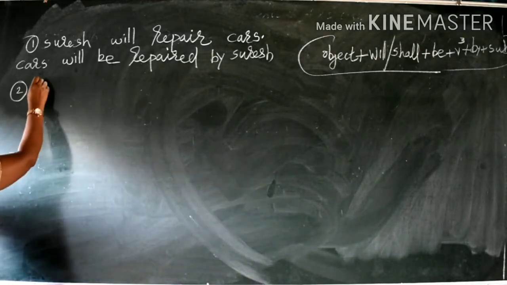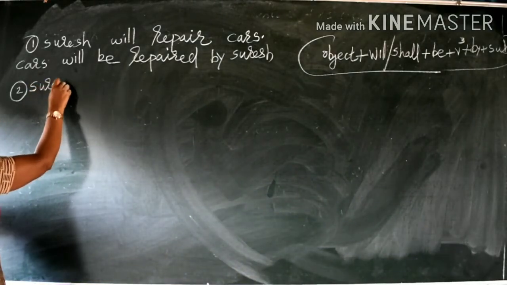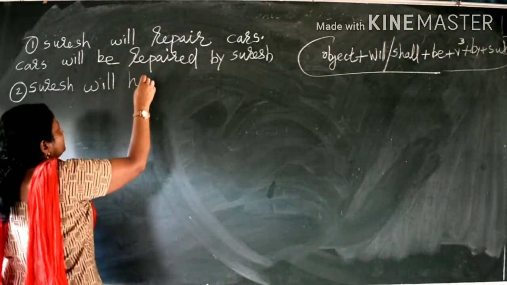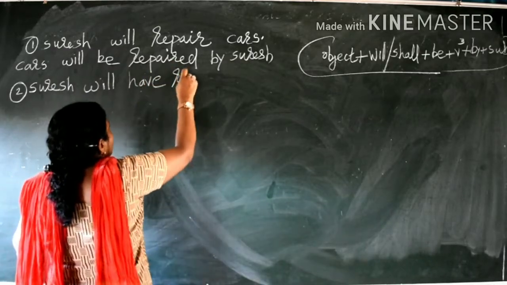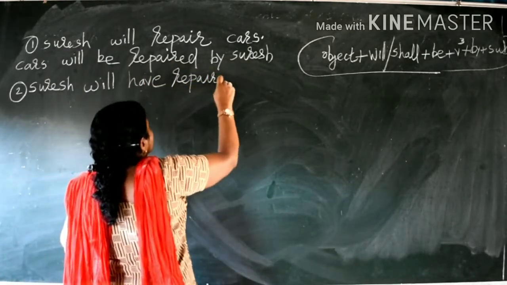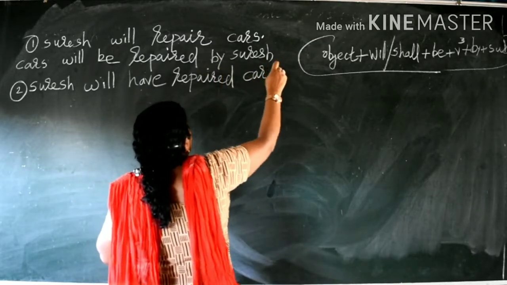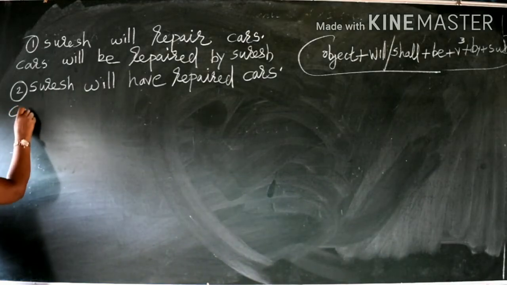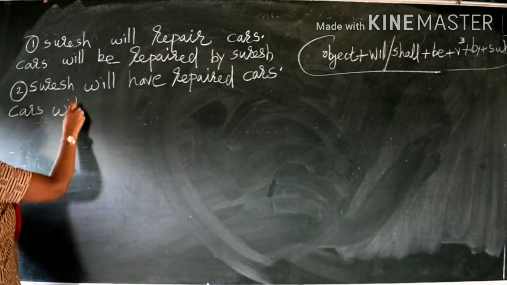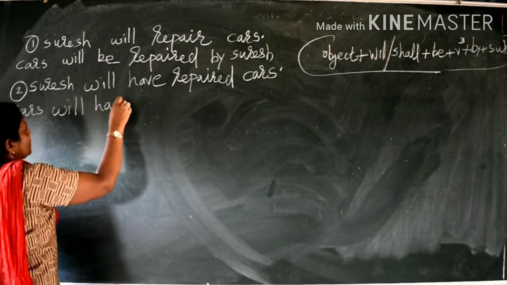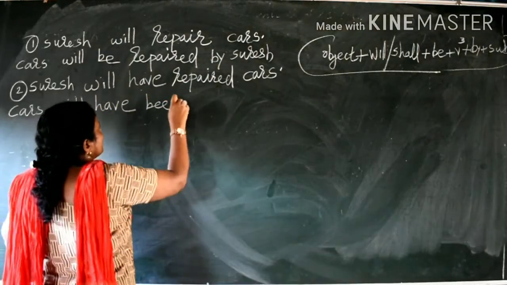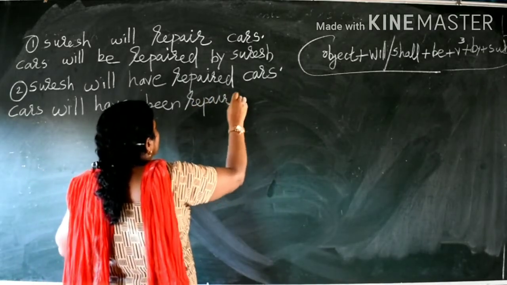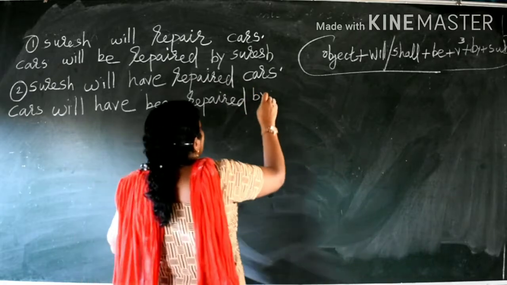So, Suresh will have repaired cars. Future perfect tense. Cars will have been repaired by Suresh.